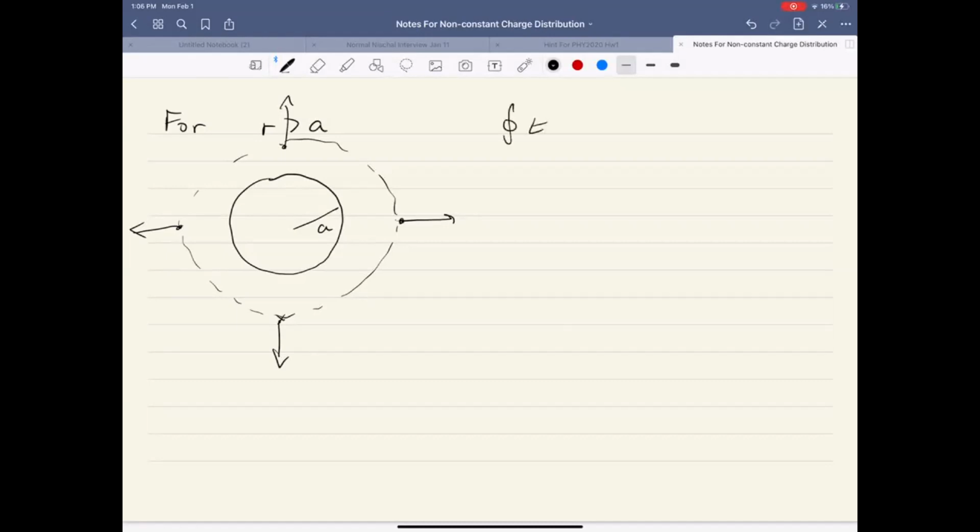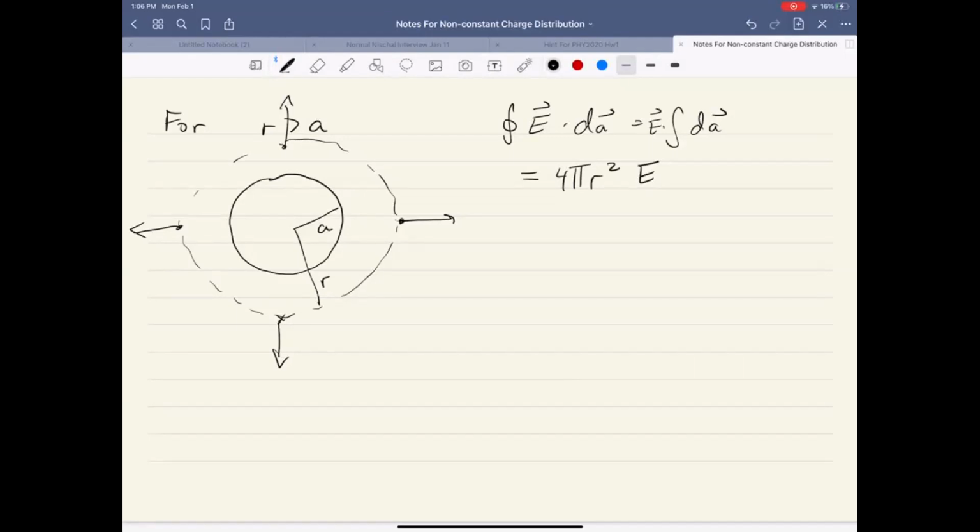So if I do my integral of E dot dA, then I get E times the integral of dA. Honestly, it should be no different from before. My radius here is R, so I should get 4 pi R squared E, just like before. Nothing's really changed on the left-hand side.